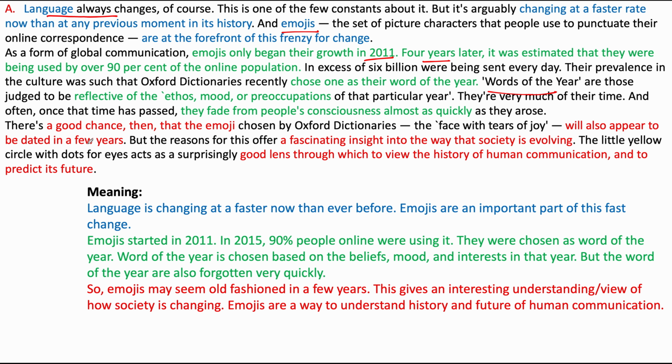It also says that emojis might be outdated or forgotten soon. The last sentence is important. It says that emojis are a good way to understand the history and future of human communication.